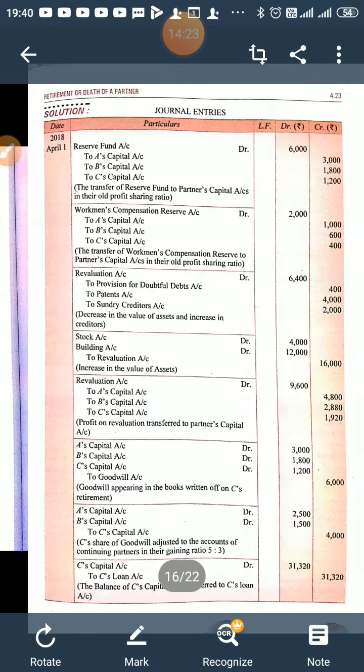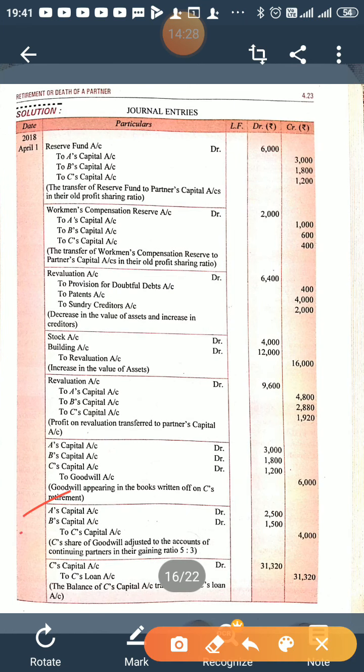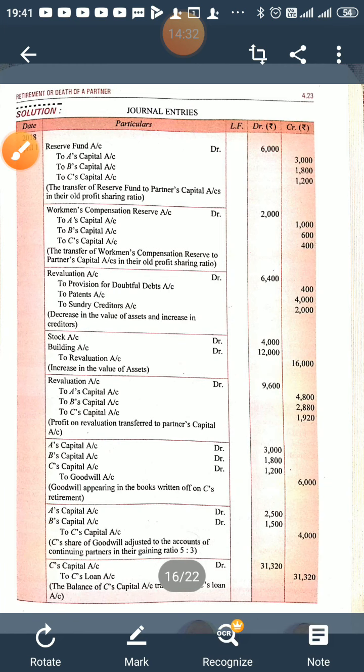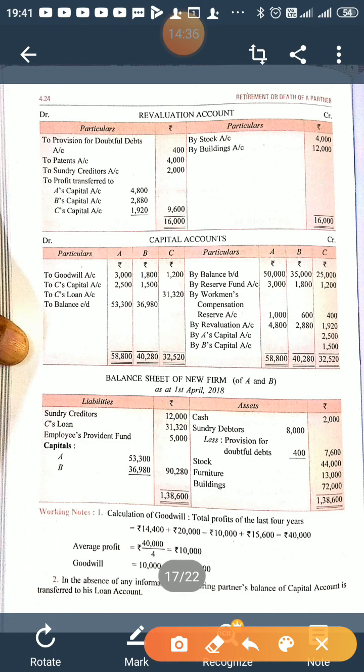Now for the goodwill we have passed this journal entry: A's capital account debited, B's capital account debited, C's capital account debited. So in the partners' capital account, A and B will be debited 2,500 and 1,500, and C's capital has been credited.